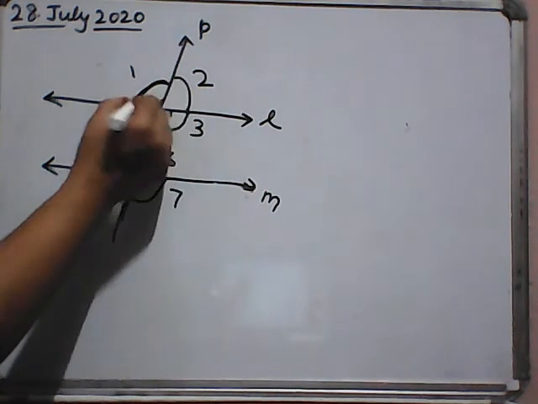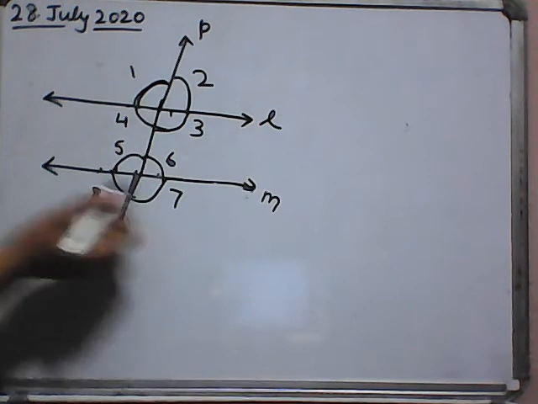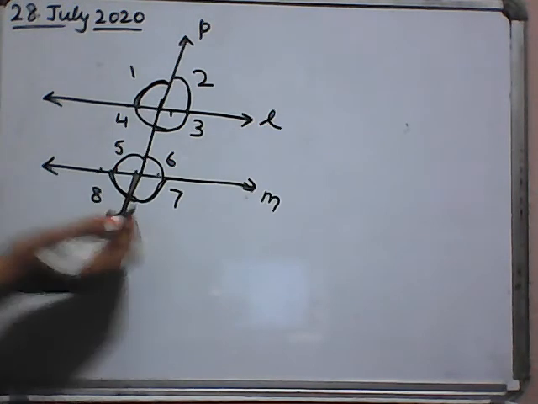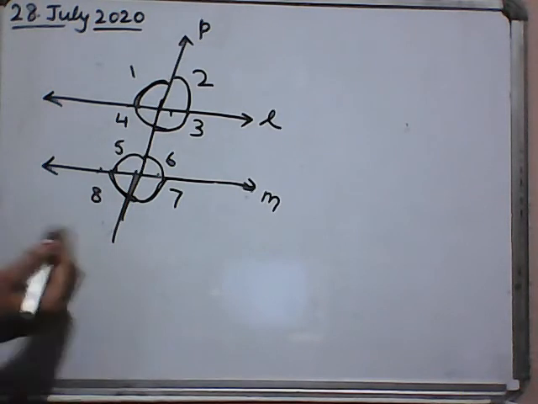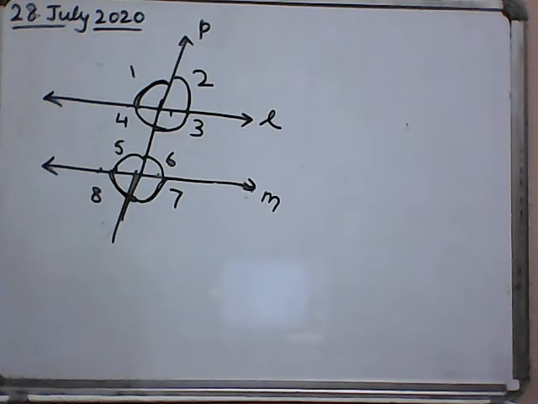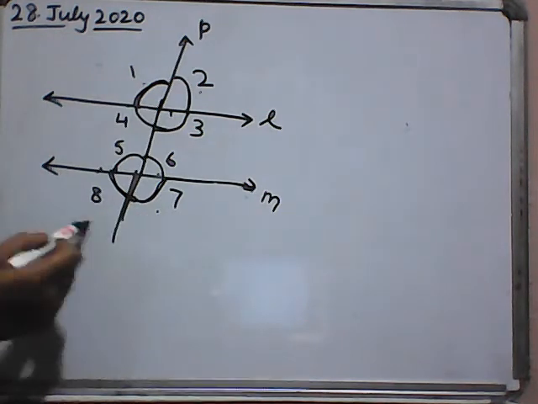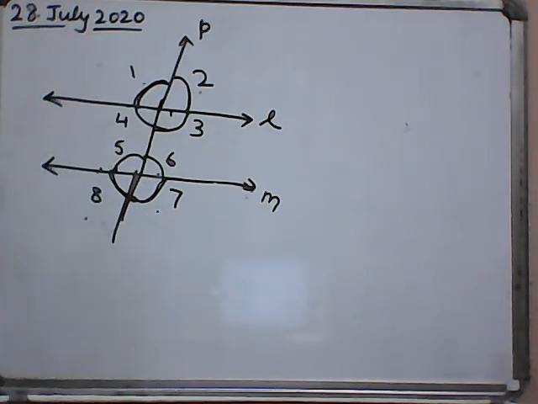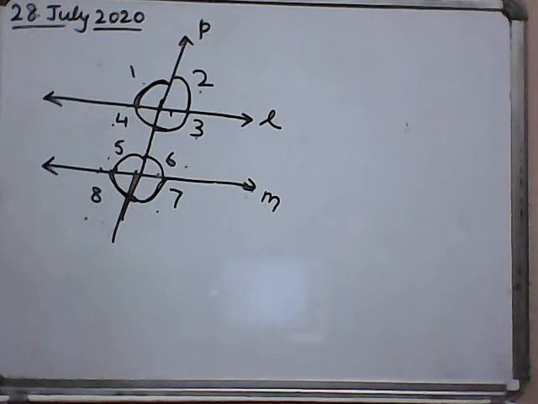Now angle 1 and angle 2 are outside of the line. Angle 7 and angle 8 are outside of this line. So these angles are known as exterior angles: angle 1, angle 2, angle 7 and angle 8. Interior angles: angle 3, angle 4, angle 5 and angle 6.